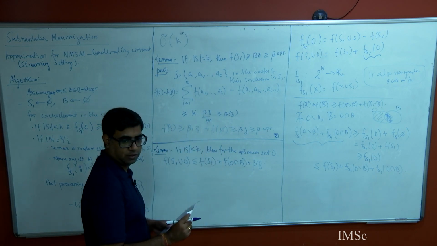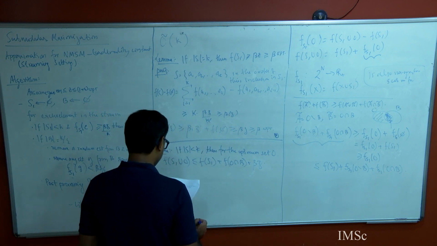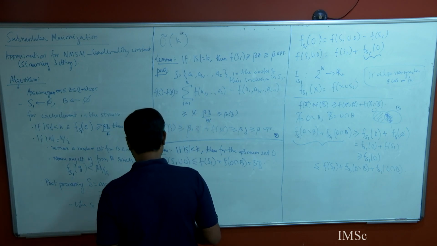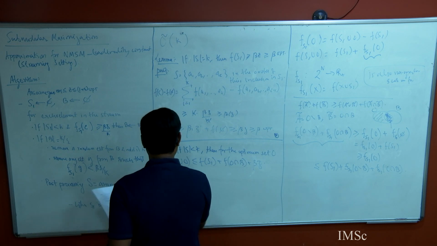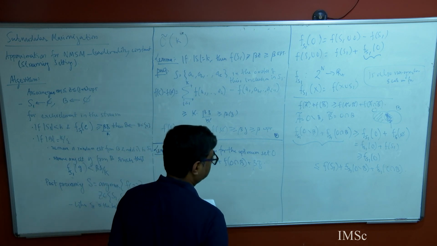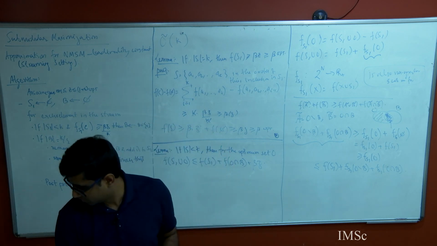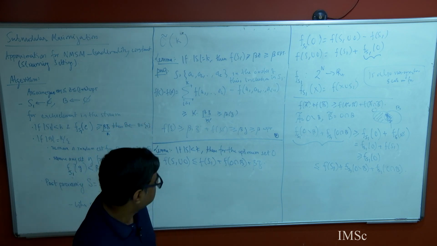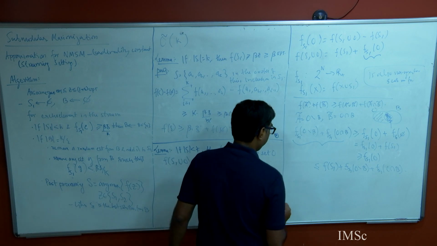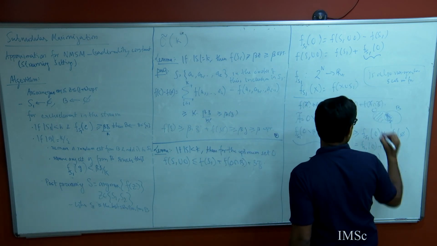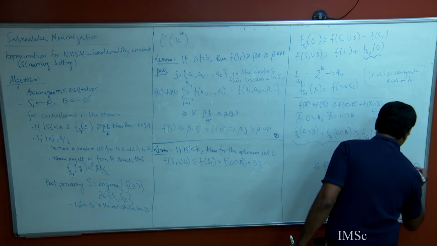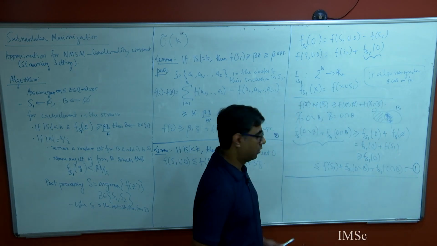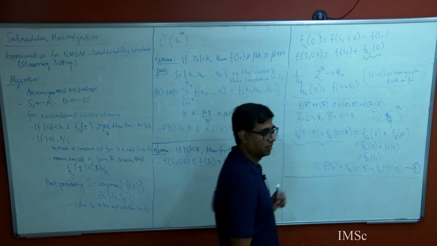So let's just keep here 1. Now we are just trying to get an appropriate upper bound on each of these terms and replace it with this.